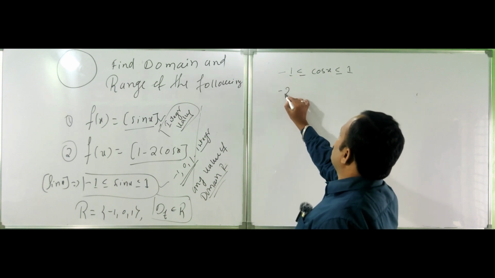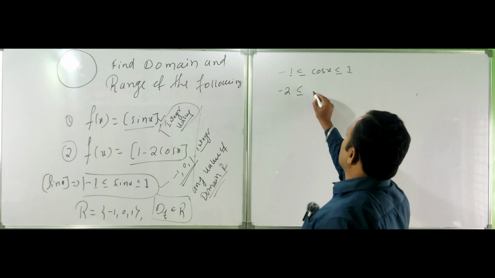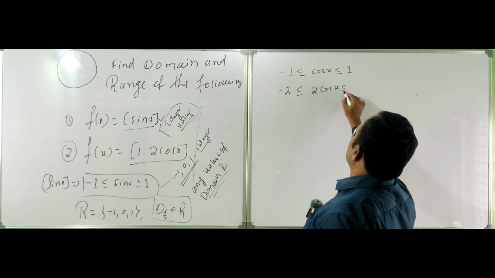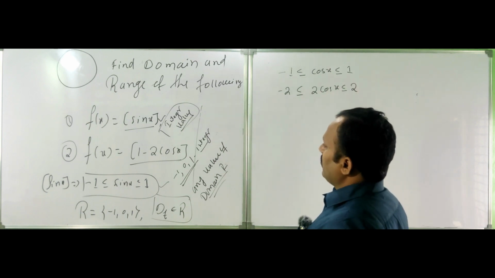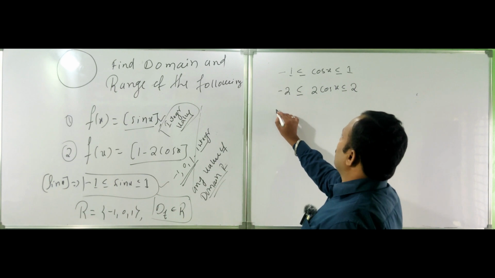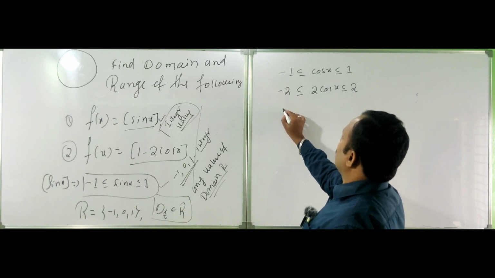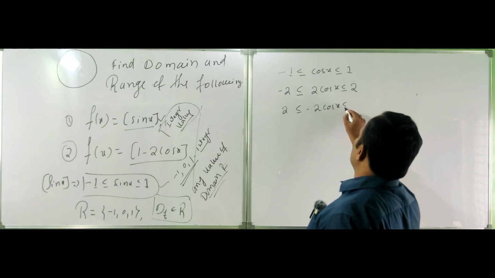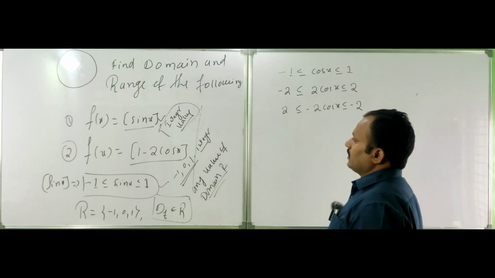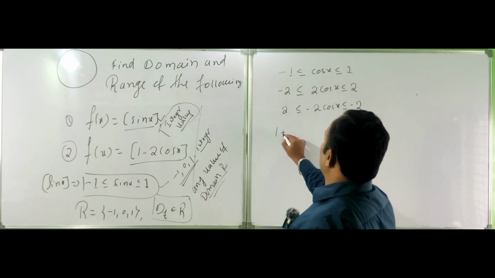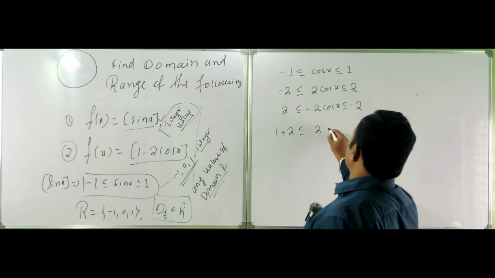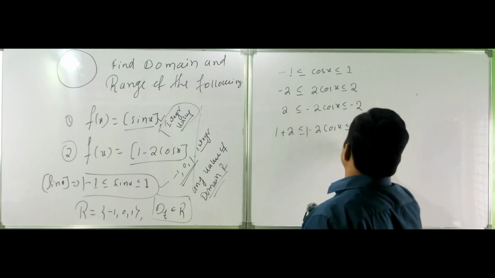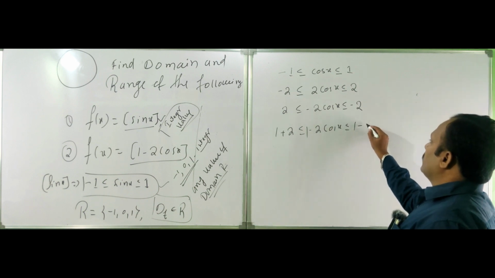Multiplying by minus 2 on both sides, because I want 2 cos x, and there is a minus sign. By multiplying by minus 2 on both sides, this becomes 2, becomes minus 2 cos x, becomes minus 2. I want 1, so I add 1 to each side. So 1 minus 2 cos x becomes 1 minus 2.